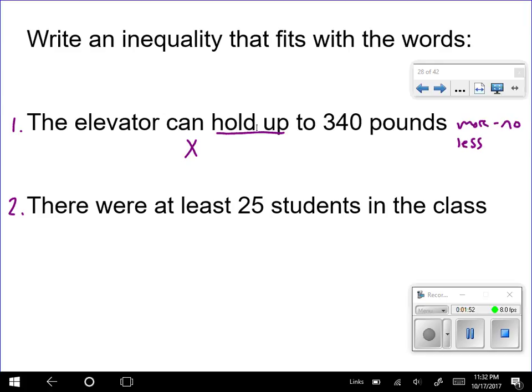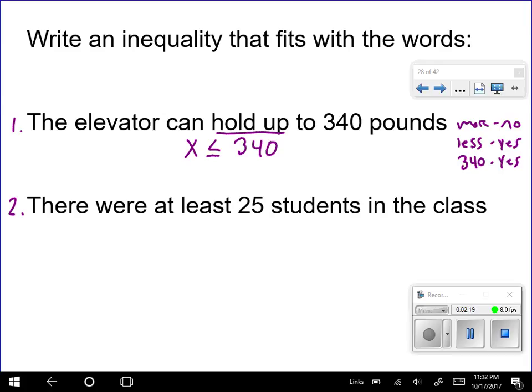If it can hold up to 340 pounds, it can definitely hold less than 340. Can it hold 340? Well, if it can hold up to, it can also hold 340. So x is going to be, well, more would fall into greater, less would be less than, and 340 would be equal to, so it's going to be less than or equal to 340.